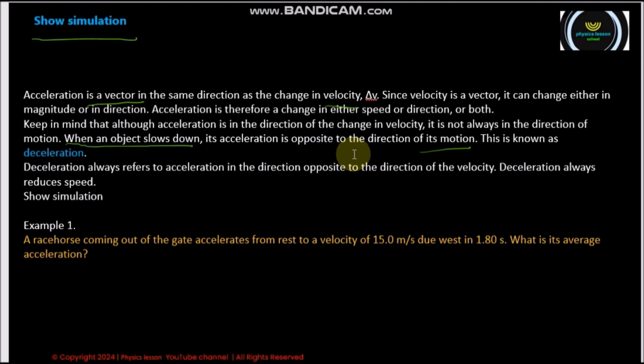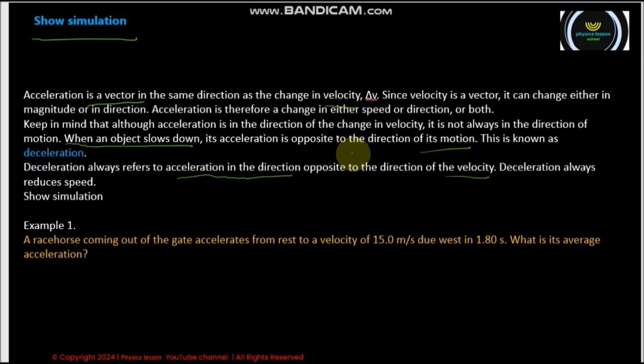For example, a car is moving at, let's say, 10 meters per second, and when the driver brakes, the car stops. When it stops, its speed gradually changes to zero, decreasing. Such motion we call deceleration. Deceleration always refers to acceleration in the direction opposite to the direction of the velocity.